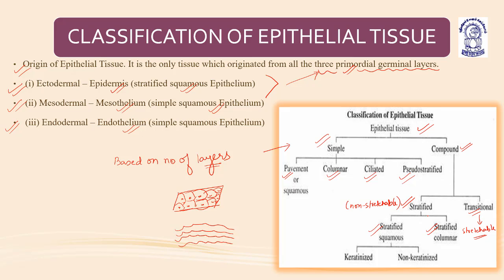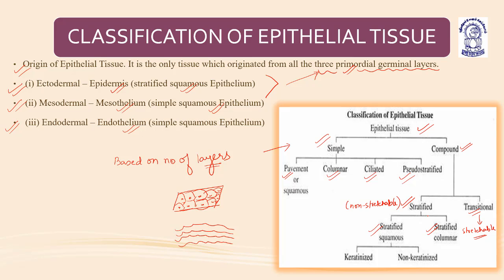And the previous classification was based on the fate of primordial germinal layers. Ectodermal in origin means the epithelium arising from the ectodermal cells: epidermis, stratified squamous epithelium.